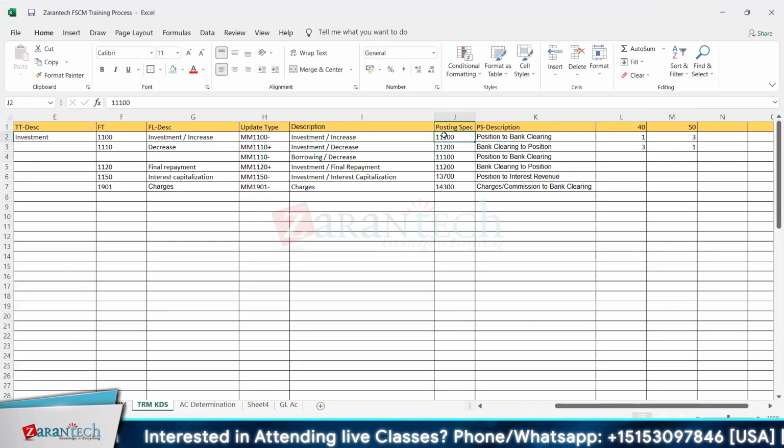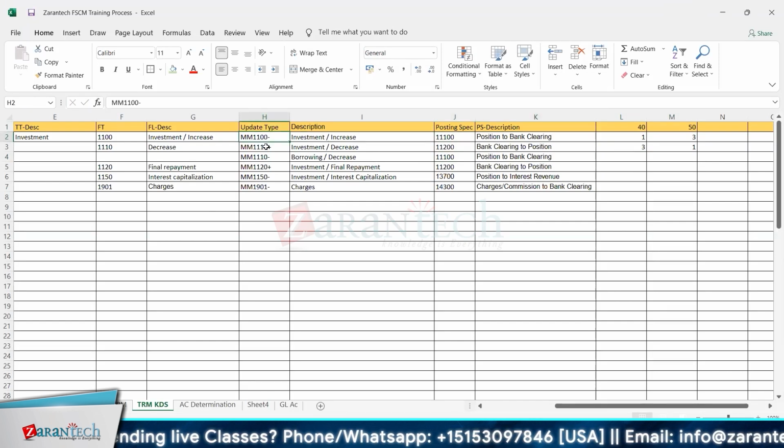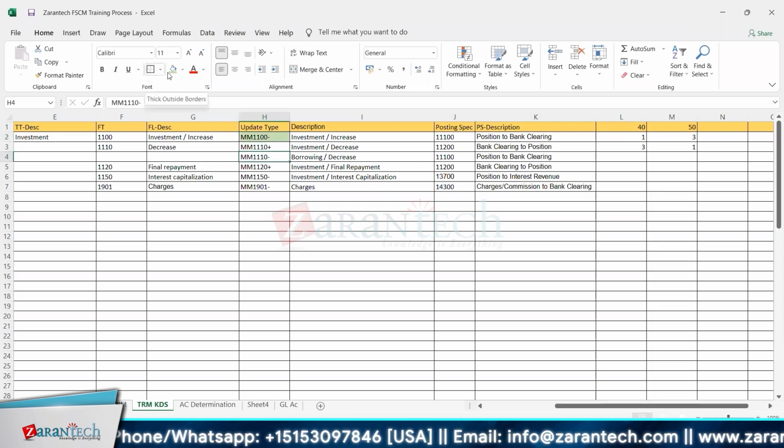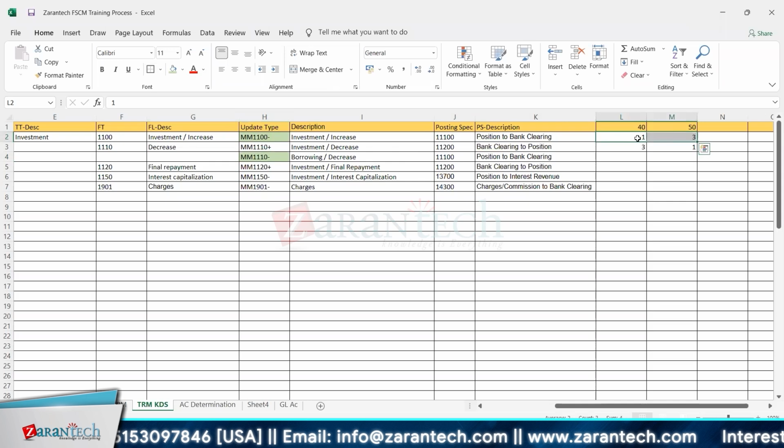So here you can see the account posting specification for this update type. And this update type is the same, because this is the same update type we are using here. So I can copy and paste this here. Okay.